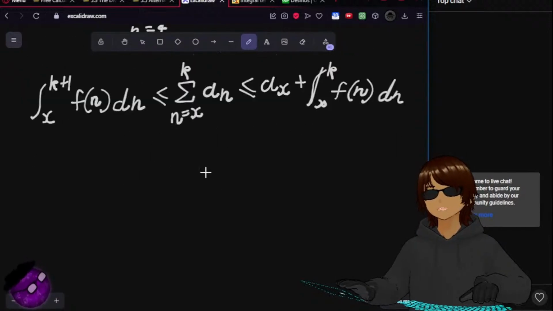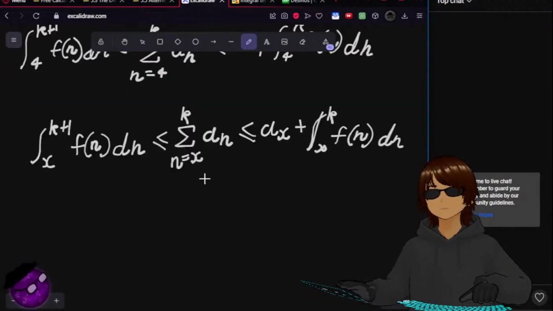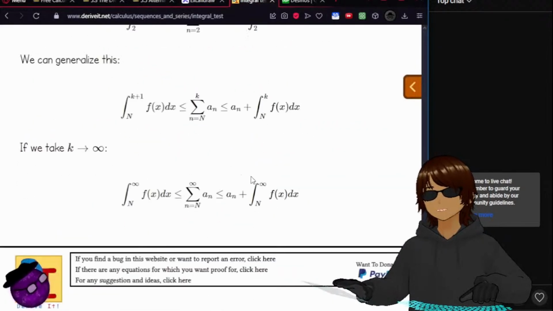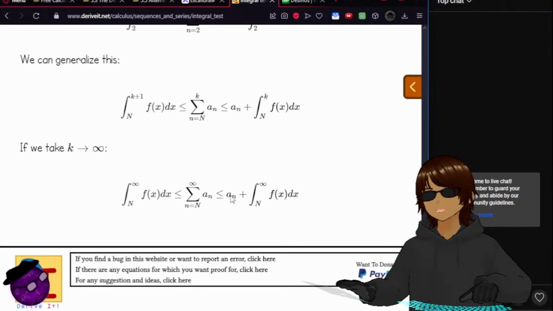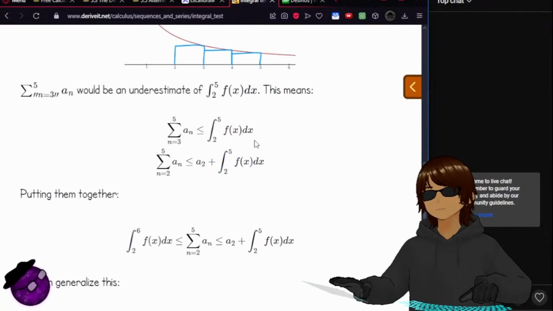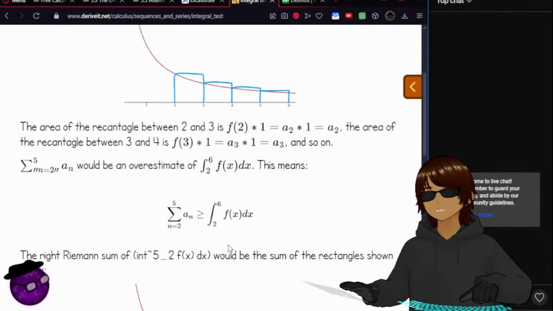Then this formula works. That is the integral test. I used capital N here, so this is wrong. It shouldn't be a small n, it should be a capital N. And so there's a mistake here and a mistake here which I need to fix.